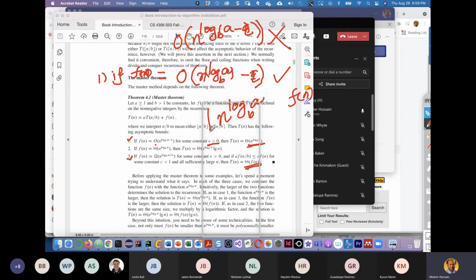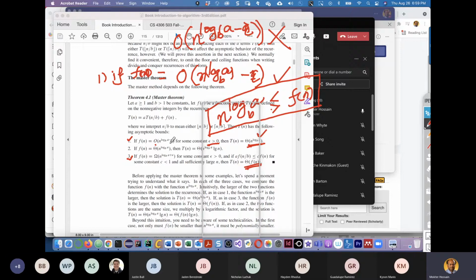Whichever is greater, we have that sign over here. The sign can be greater than or less than. Whatever is the dominant value, we are having that as our result.